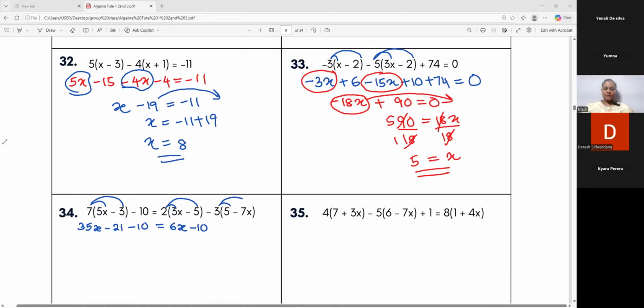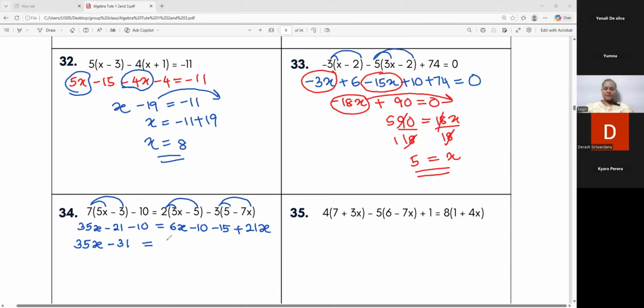Again remove the bracket, minus 15 plus 21x. Then I can simplify the left hand side a little bit. Minus 21 and minus 10, same sign, add them. Minus 31.